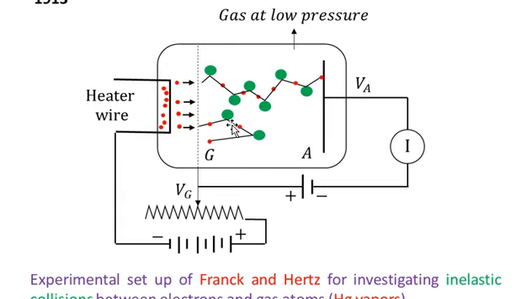The electrons will lose their kinetic energies and will not reach the plate, and so the plate current will be recorded as low. That is, there will be a dip in the current. So this is the process.